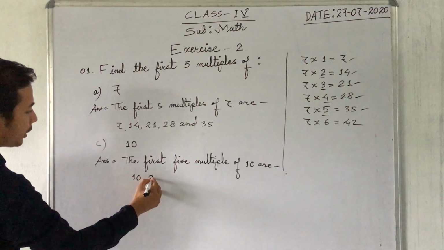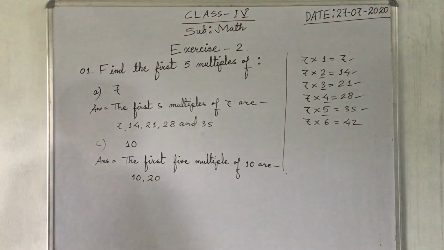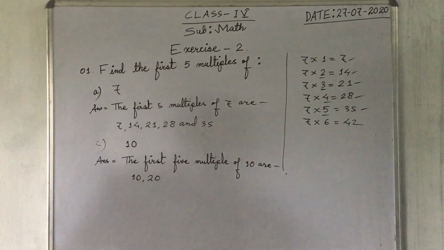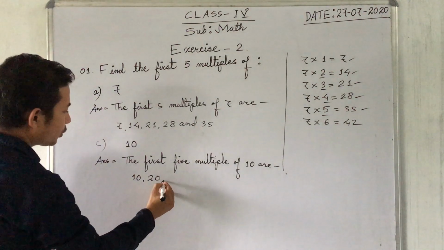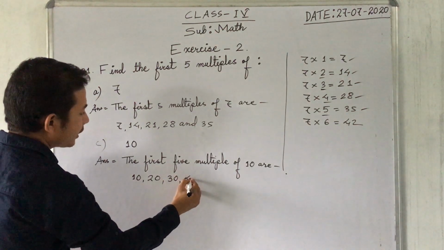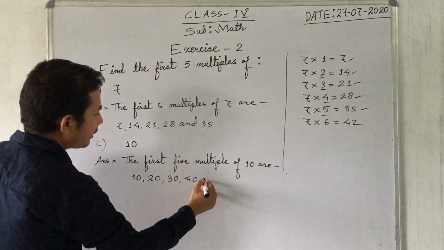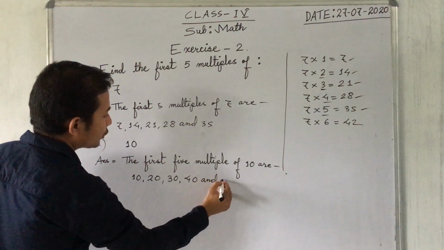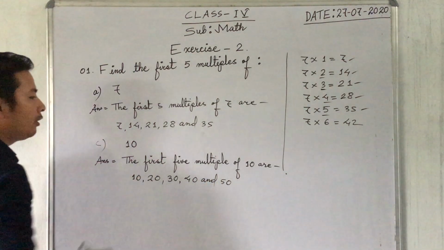The second multiple is 20 because 2 times 10 is 20. So 3 times 10 is 30, so 30 is the third multiple, 40 is the fourth multiple, and 5 times 10 is 50, so 50 is the fifth multiple of 10.